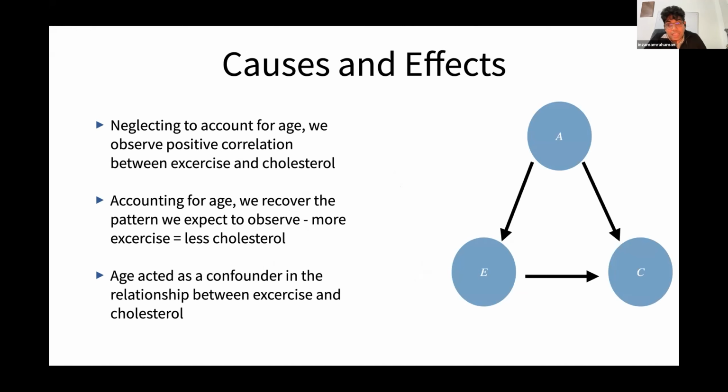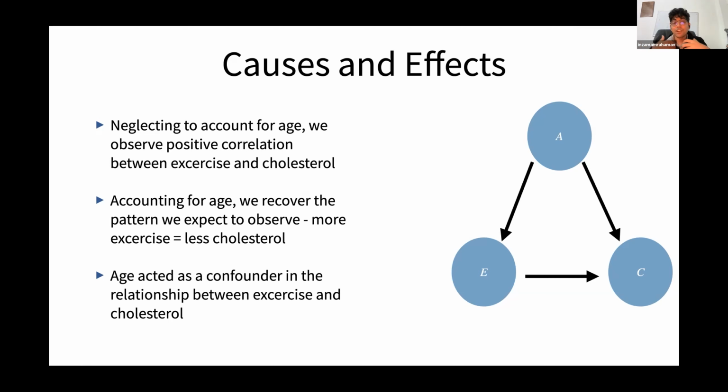So what we want to check is the relationship between exercise and cholesterol, right? But you have age, which is another component of the units under examination and treatment. This impacts the exercise and also impacts cholesterol, right? So yes, exercise can possibly impact cholesterol, but you have age impacting both.